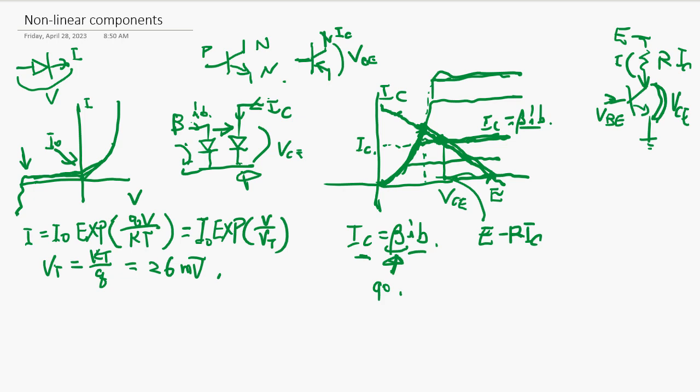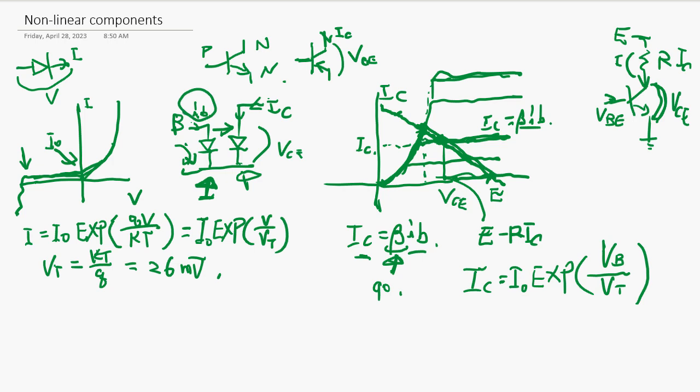This is non-linear. So remember this equation: IC equals I0, this is the dark current, times exponential of the base voltage over VT. And for the base voltage, in this transistor, there is a relationship between the voltage and IB, right?